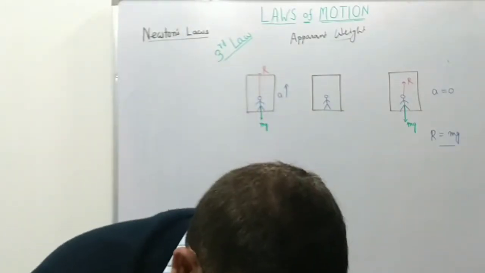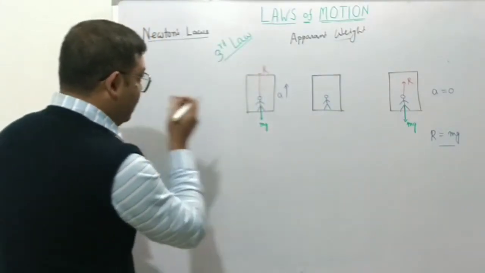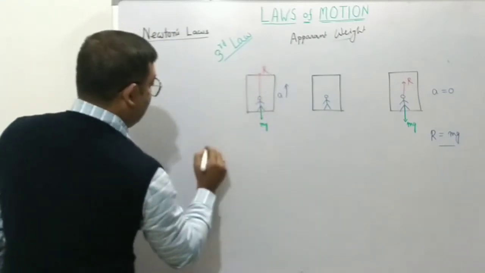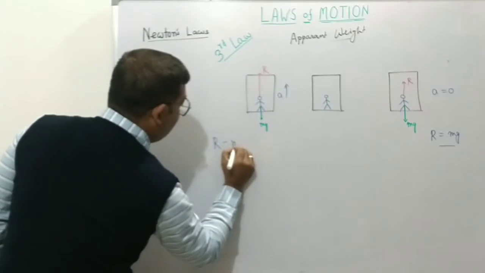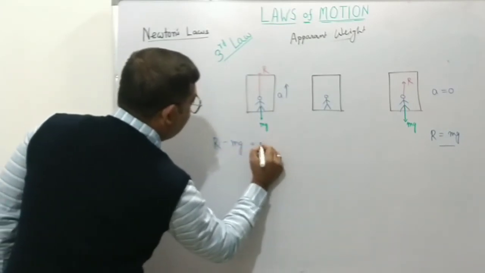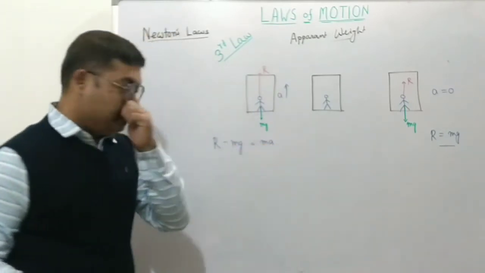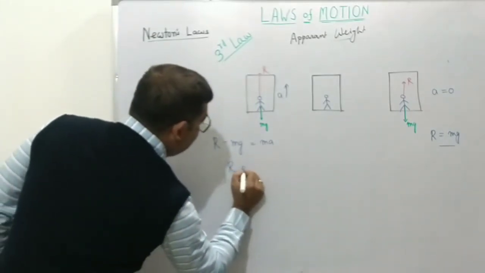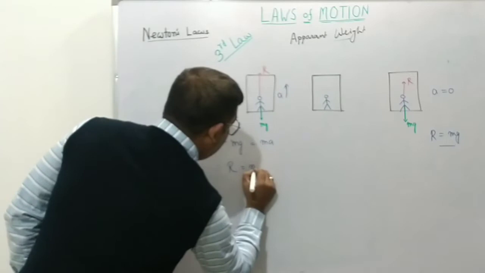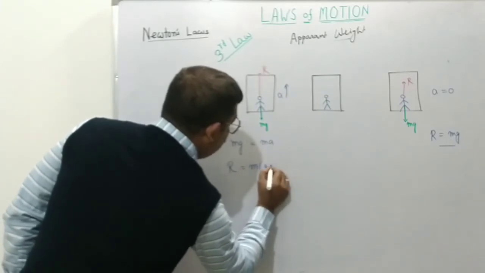So for this equation of motion, the upward force minus the downward force of weight must be equal to mass into acceleration, which gives us R equal to m into (g plus a).